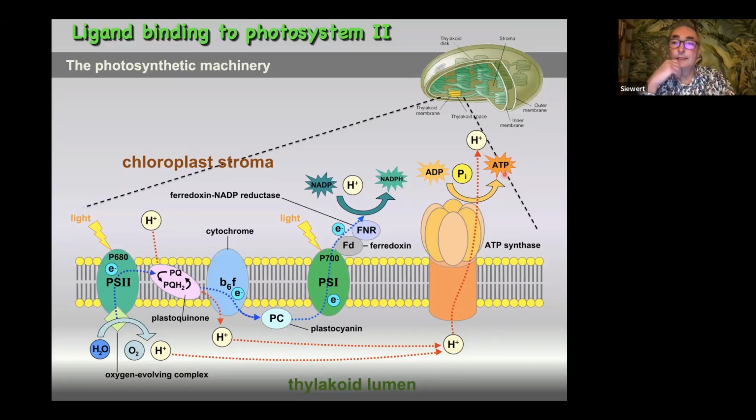And this is the chemical fuel that every cell needs to perform its functions. During this whole cascade of events, also protons are being pumped, and these again are used as an energy source.